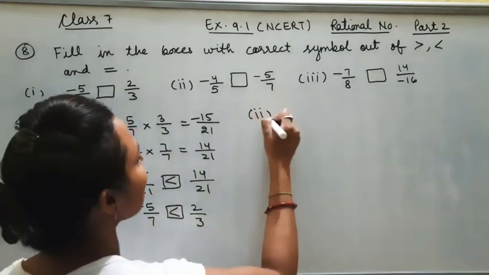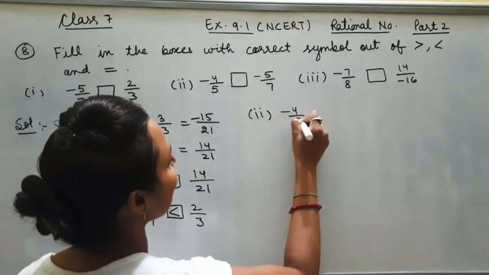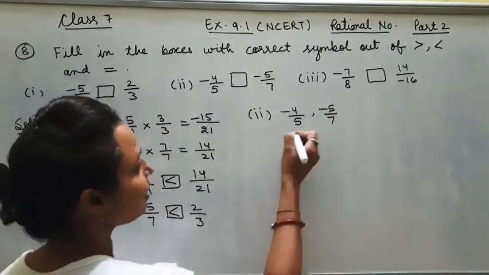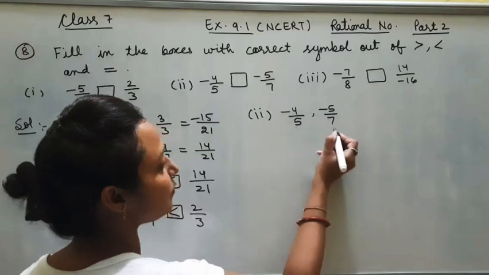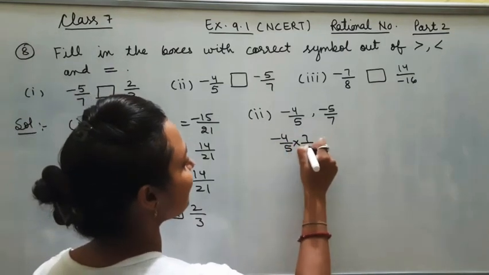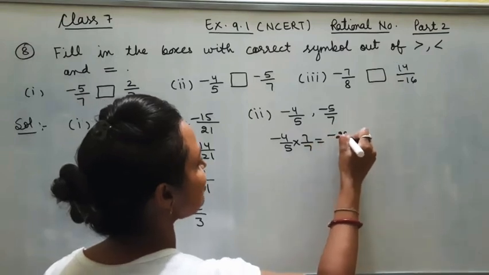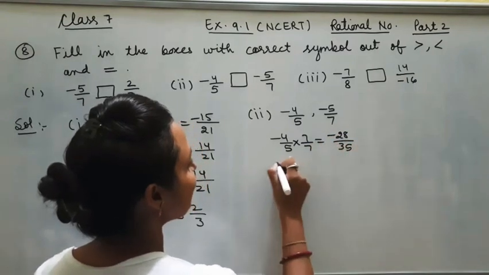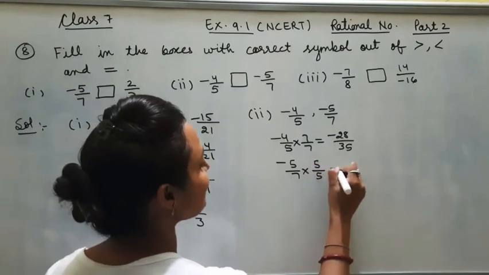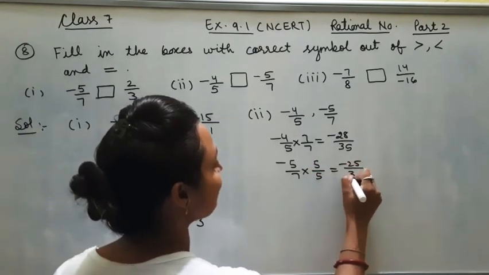Now the second question. The second question is minus 4 by 5 and minus 5 by 7. First of all, the LCM of both is 35. So I will multiply 4 by 5 by 7 and 7. That is minus 28 by 35. This is minus 5 by 7, multiplied by 5 and 5. That is 25 upon 35.